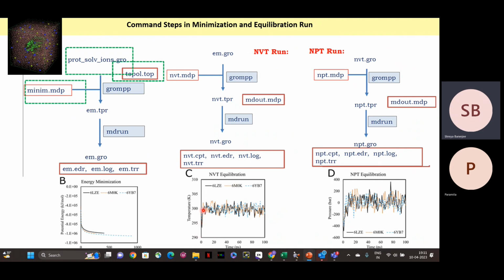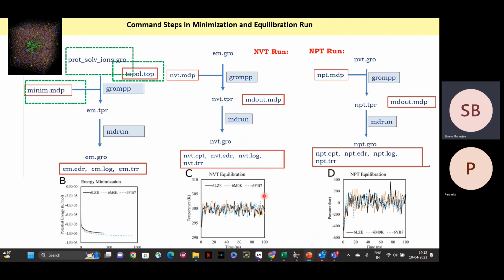If you see here, the temperature is more or less constant. It is hardly varying, around 2 Kelvin. Throughout this time, the temperature is maintained at around 300 plus or minus 2 Kelvin.